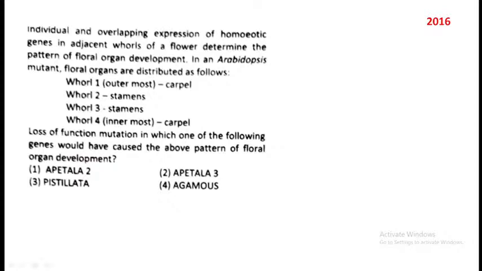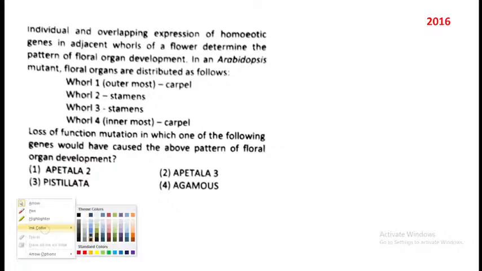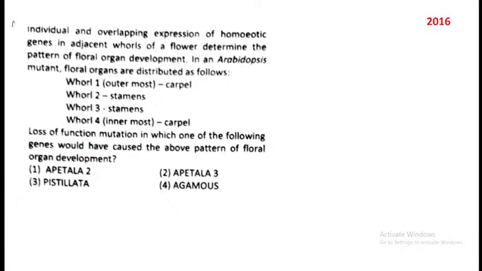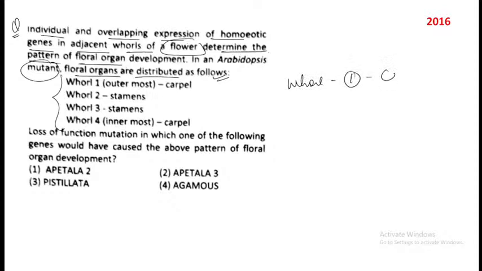Let's discuss the very first question for you all. The question is: individual and overlapping expression of the homeotic genes in the adjacent whorls of a flower determine the pattern of floral organ development, right? In an Arabidopsis mutant, the floral organs are distributed as follows. In whorl A, you had the carpel being formed.